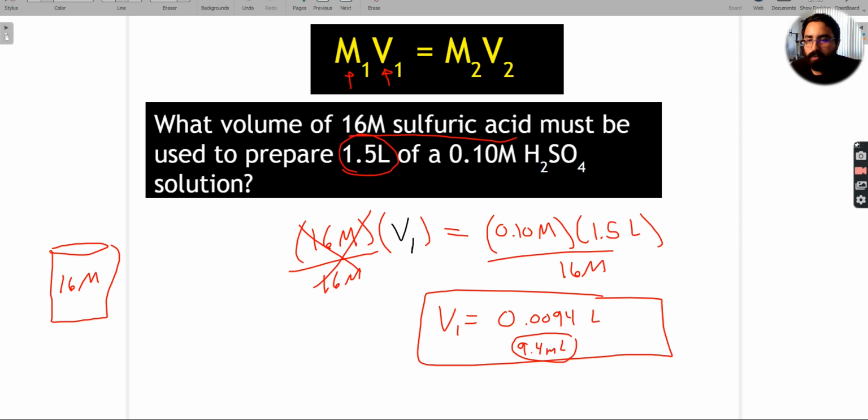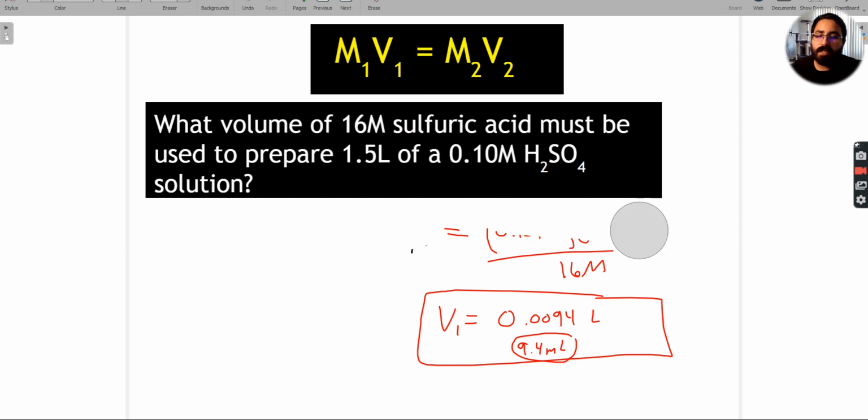And you're going to add it to 1.5 liters of water. Or you're going to have a container. You're going to put your 9.4 milliliters of your acid, and then you're going to add about 1.41 liters of water. So you're going to add a bunch of water until it reaches 1.5, and then your substance is going to be diluted. It's going to be the concentration you want, ready to do your experiment.